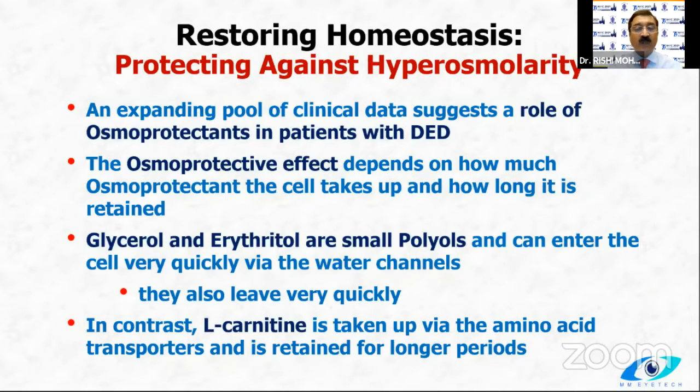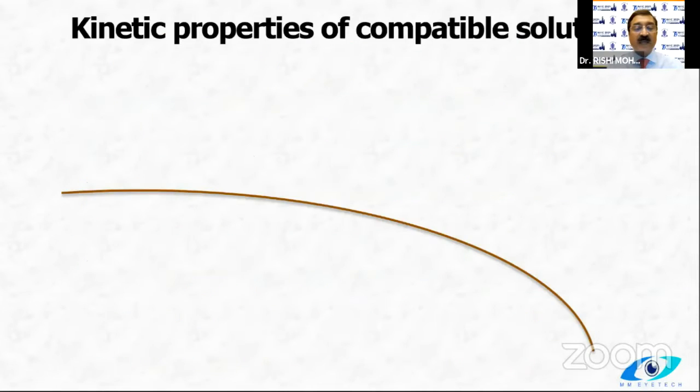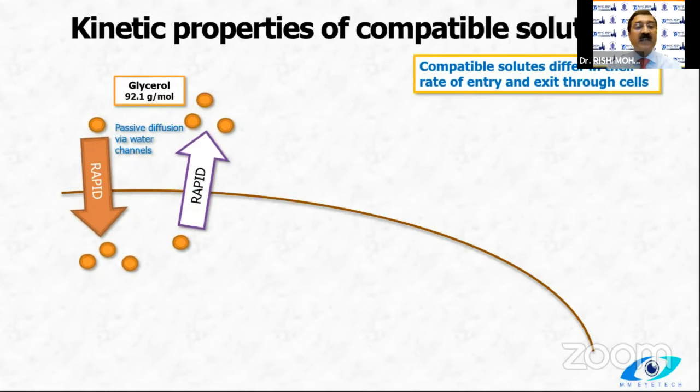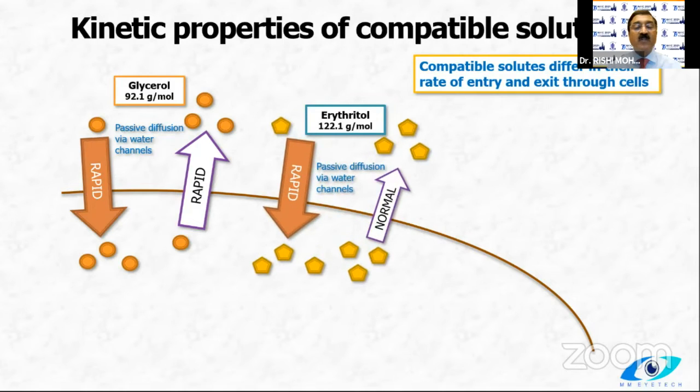So there are small osmoprotectants, which are smaller molecules, which leave and enter very quickly. And then there are larger ones, which require the amino acid transport for an active ingress and egress into the cells. So there's glycerol, which is very rapidly introduced and extruded. Erythritol, a slightly larger molecule, which can passively diffuse in and diffuse out as well.